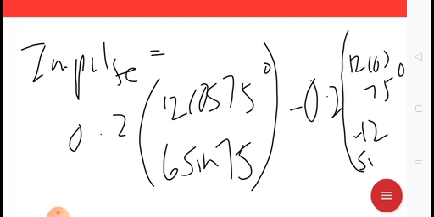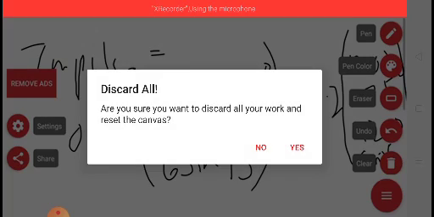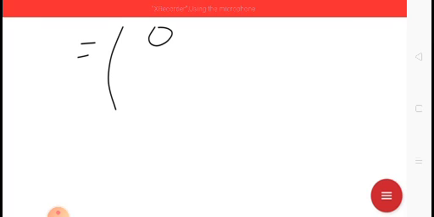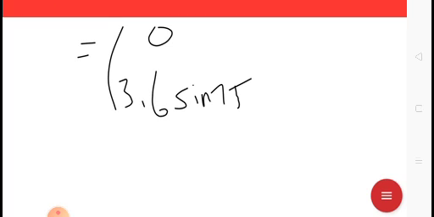Okay, sine 75. So by simplifying this, you will have the impulse of xy component is 0, and 3.6 sine 75.